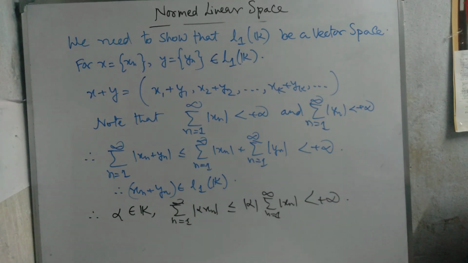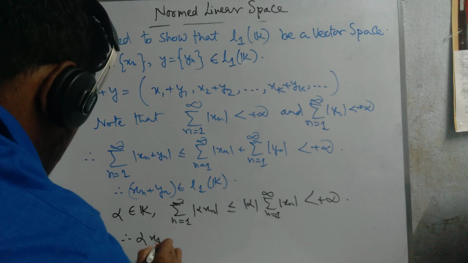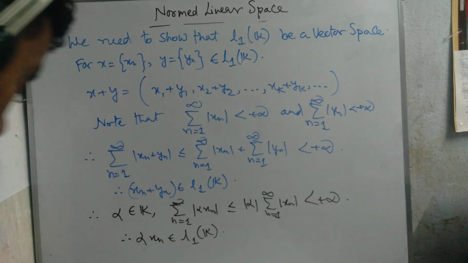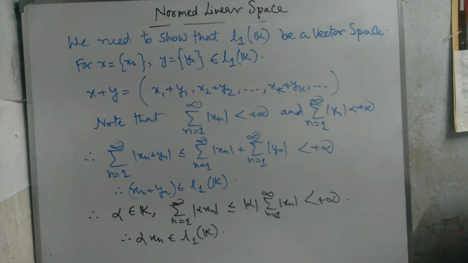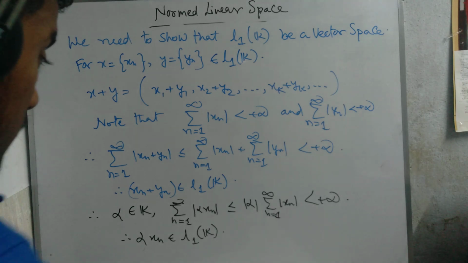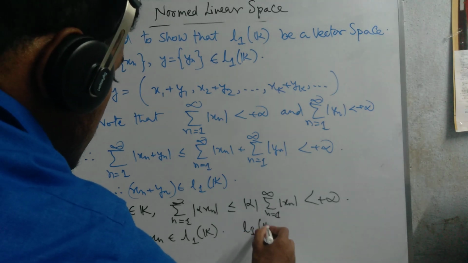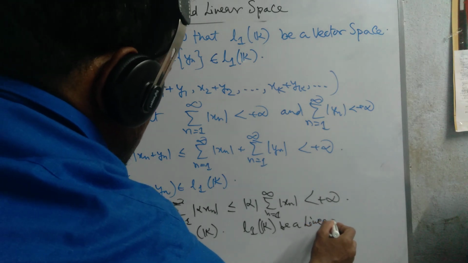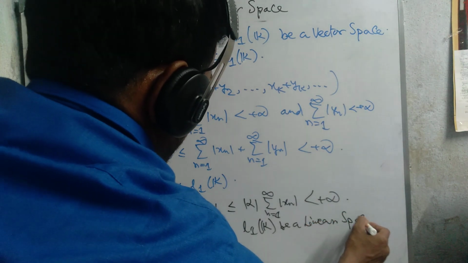Then alpha xn belongs to L1k. Then what we get from that is L1k is a linear space.